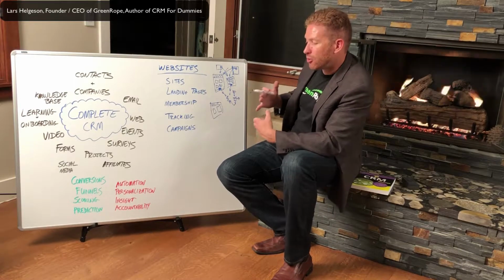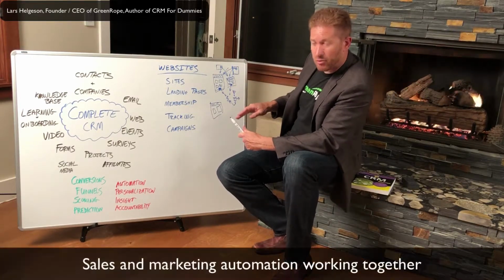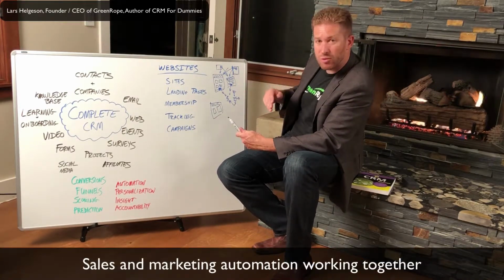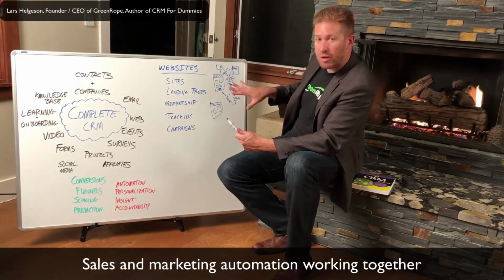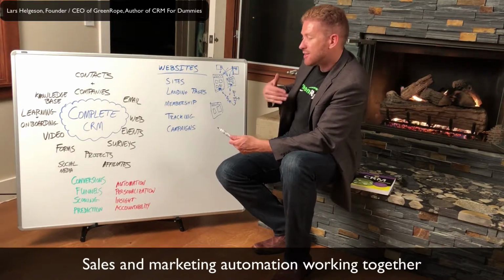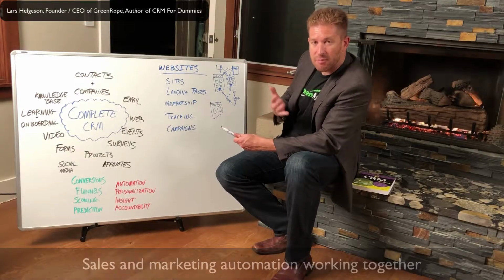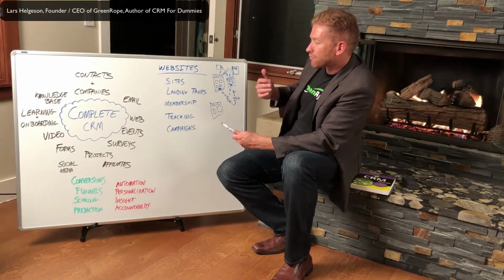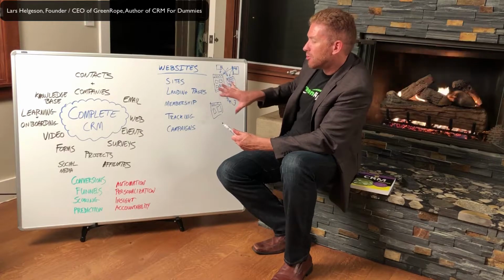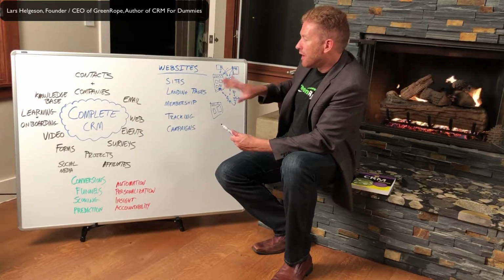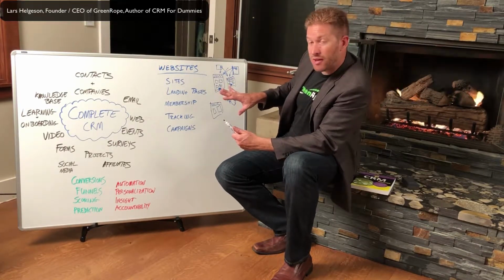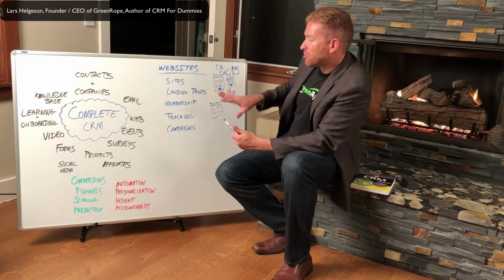This is all part of how we automate the sales process and how we get insight into what works and what isn't working, so that we can focus on growing our business most efficiently and spending our time and resources on the things that matter the most. Next, we're going to talk a little bit about some of the advanced tracking features based around websites and email.